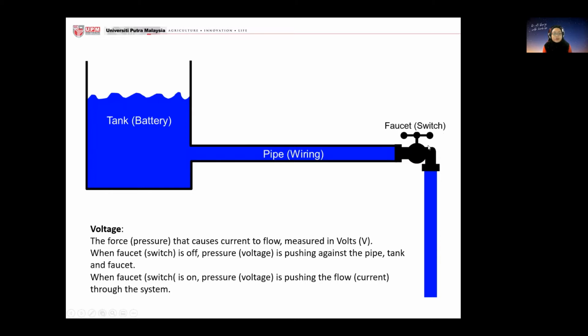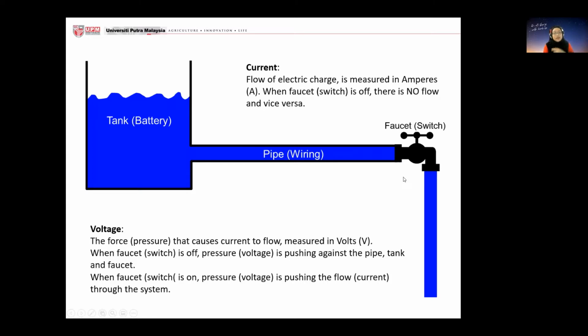When it is off, so this is not connected, you have your pressure here, which is pushing against the pipe, the tank, and the faucet. Whereas when you turn it on, the pressure will push the water or the current through the system. So voltage is always going to be there.